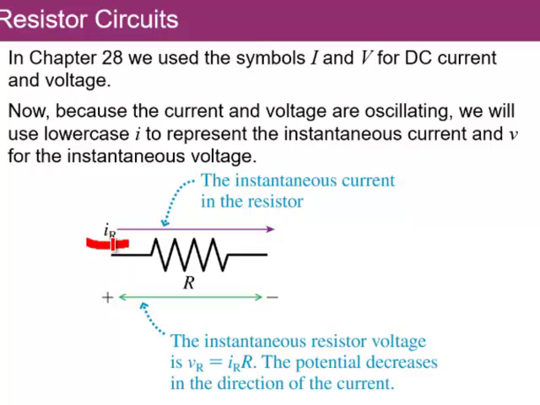In this case, we put a subscript R for the current in the resistor. The voltage is measuring the potential difference across the resistor. That keeps changing with the AC voltage, but we know it's always going to be connected to the current through this relationship: voltage equals current times resistance.